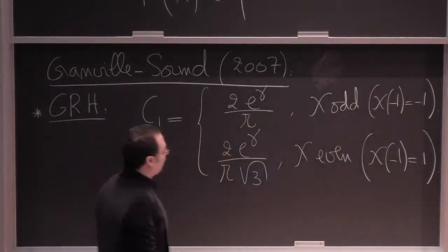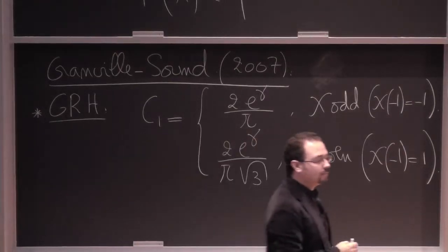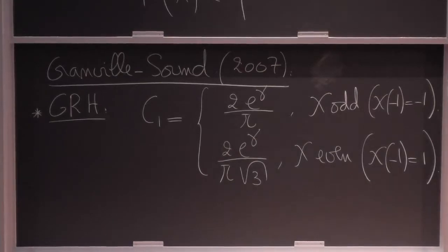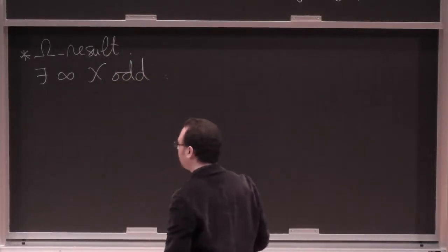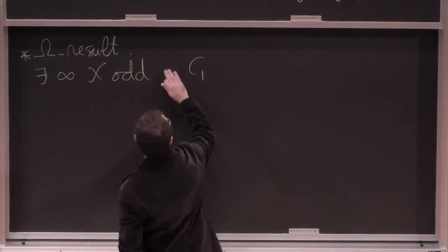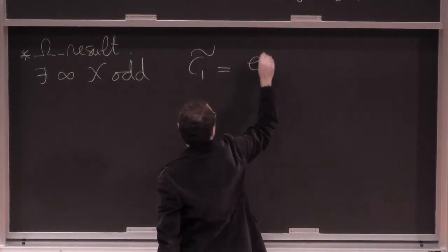And similarly to many of these problems, in fact, GRH does not give you the full truth. What you expect the truth to be are half of these constants. So they also proved an omega result, showing that there are infinitely many chi mod q odd, for which C1, let's call it C1 tilde, the omega result, is e^gamma over pi.